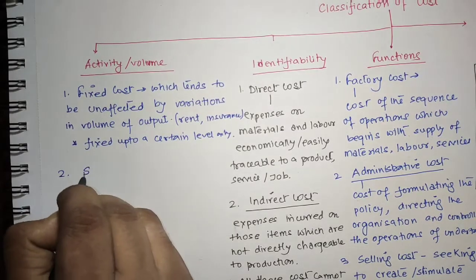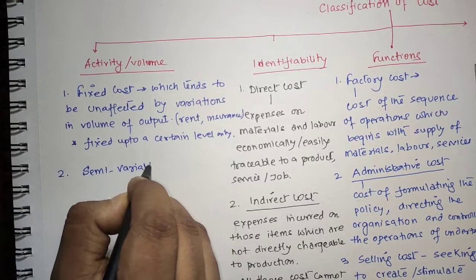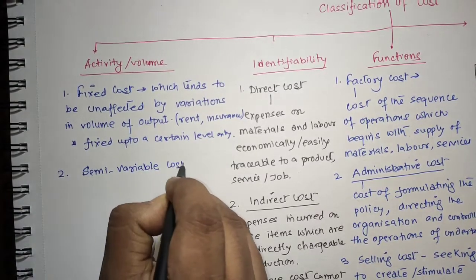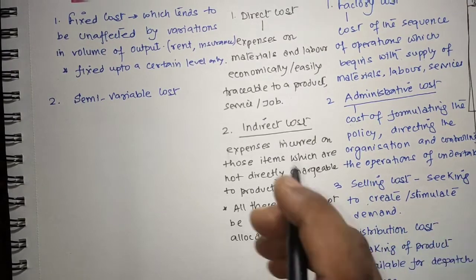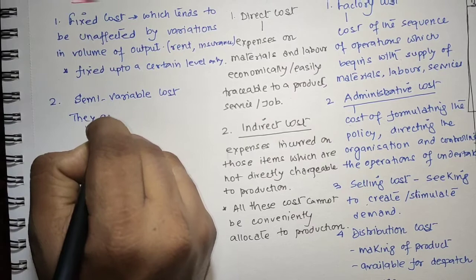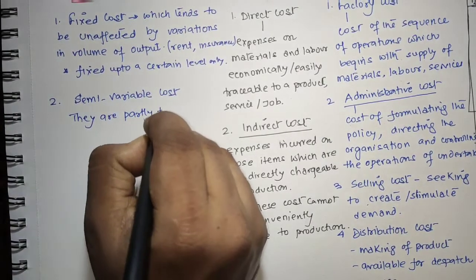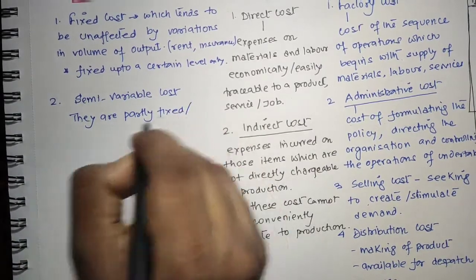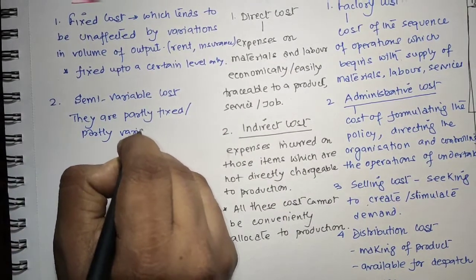Second, we have semi variable cost. Semi variable costs are partly fixed and partly variable.